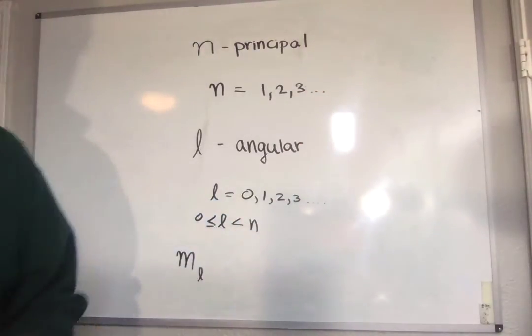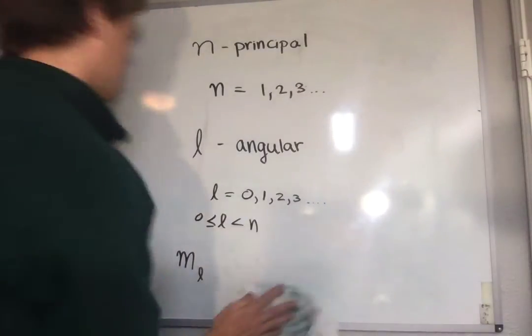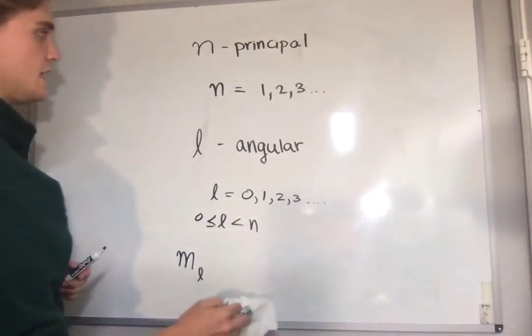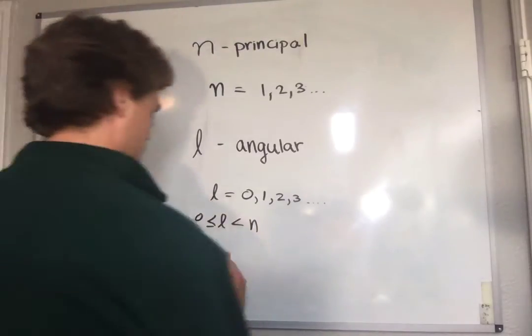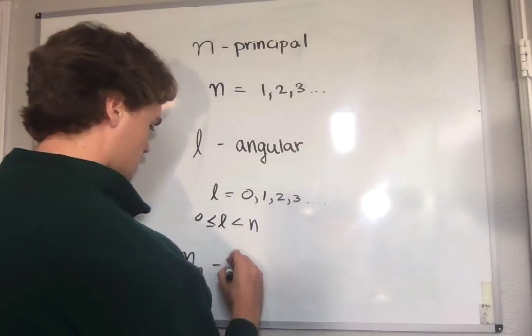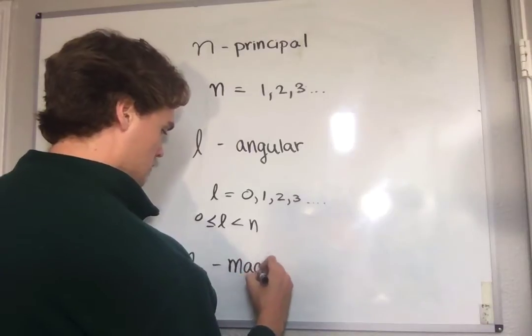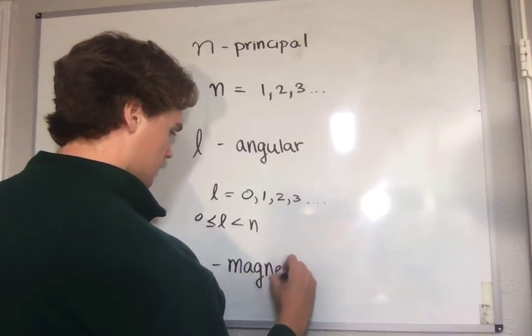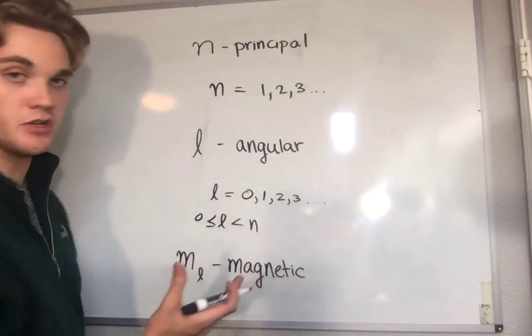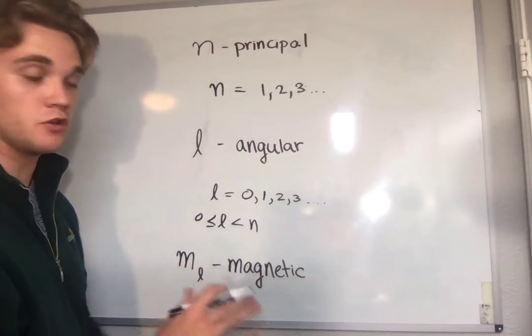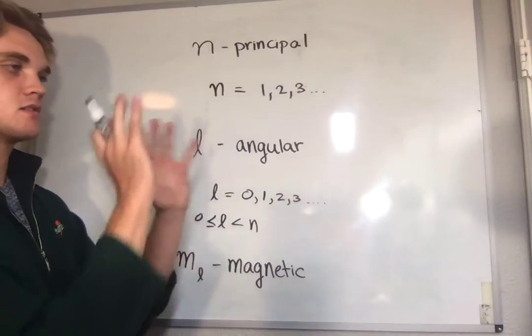So magnetic quantum number, what that quantifies is the orientation of my orbitals. You can think about it, these things are in 3D space, right?